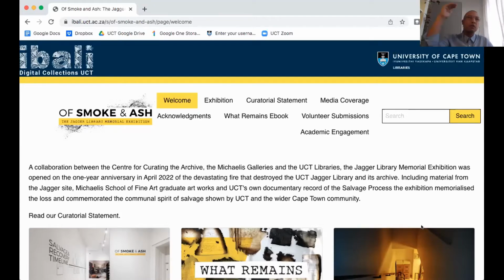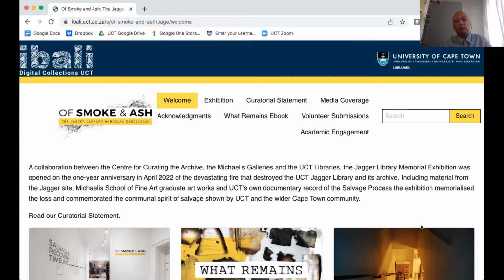The building itself was burned, the reading room itself was burned, but the materials that were held in the archive below, some of which was damaged and some of which was fortunately saved. No one died in the disaster, but there was absolute devastation of the archive as well as of the building.